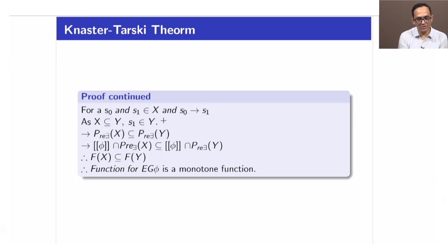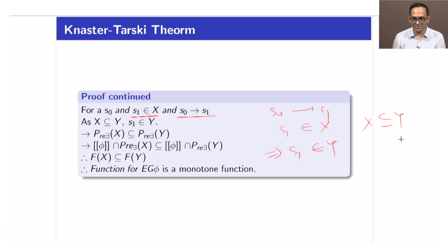If I assume that there is some S1 which belongs to x, and there is some transition S0 to S1, then since S1 belongs to x, S1 also belongs to y, because x is a subset of y, that is my assumption. Now, what is pre-exists of x?